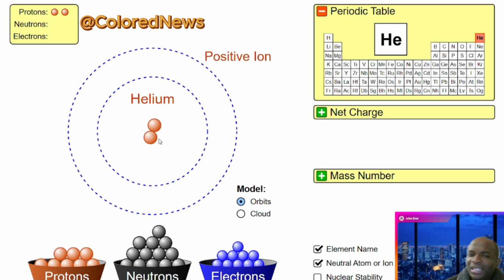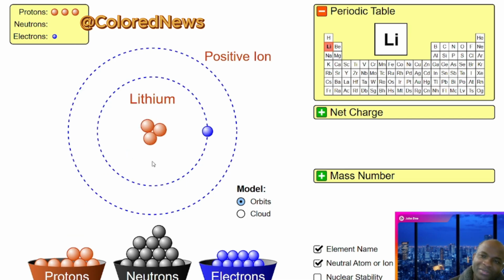So you can see that electrons do not really determine what element we have in front of us. Instead, it is only the proton that determines what element we have in front of us. But what electrons do is to give a charge to such an ion or an atom.